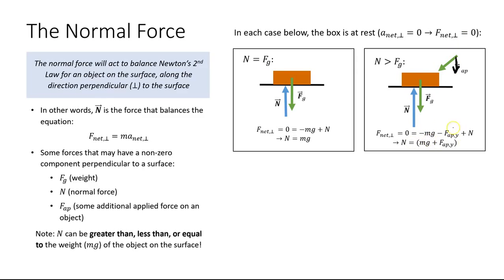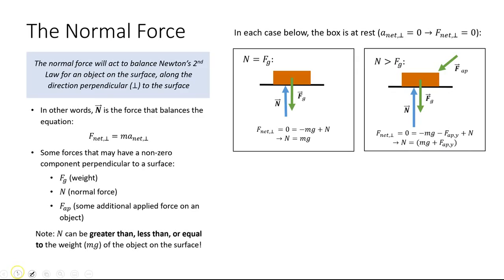So I would do minus the y component of that applied force, plus then the normal force pushing up on the box. And so we can see that the normal force would be equal to the weight of the box plus that y component of the applied force. So it has to balance both of those two things to prevent the box from sinking through the surface. That means that the normal force is going to be bigger than just the weight of the box in this case.